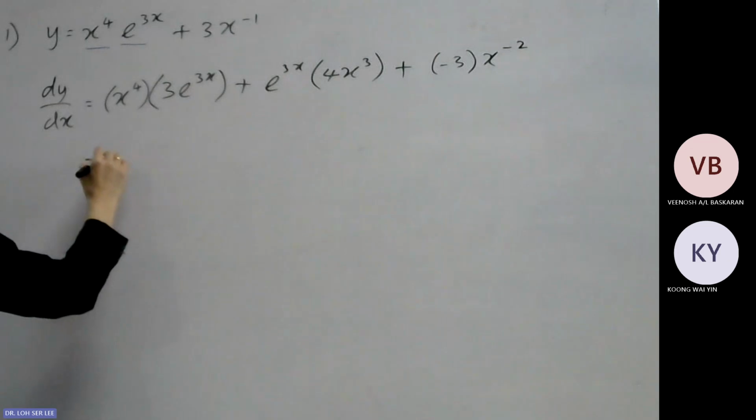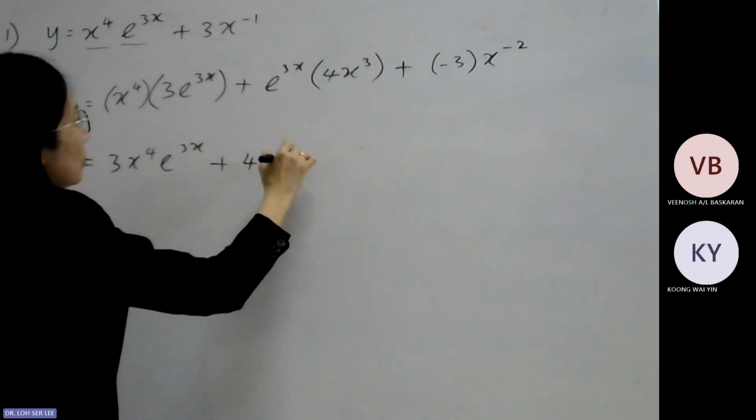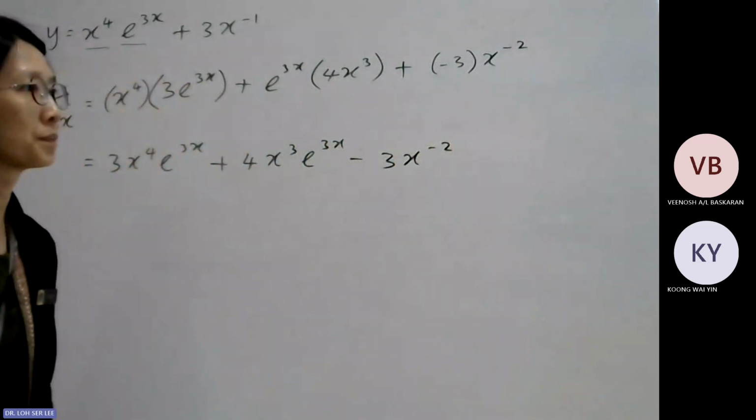After you simplify, you get 4x cubed e^(3x) minus 3x^(-2).